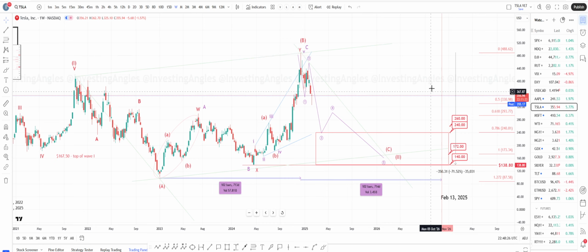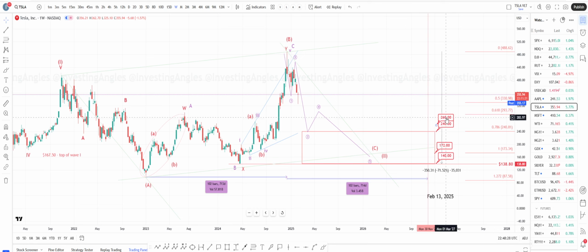So far, these are our potential targets, somewhere ranging from 260, but 140 wouldn't be a surprise at all, considering that this wave upward starting in April 2024 and ending in December 2024 has been a big expanding diagonal.